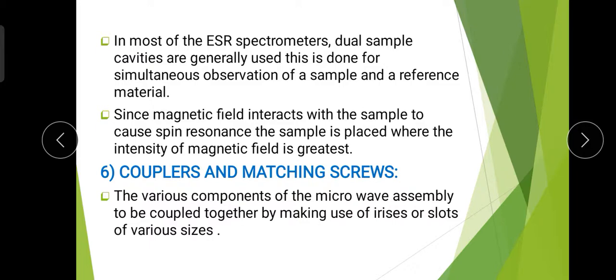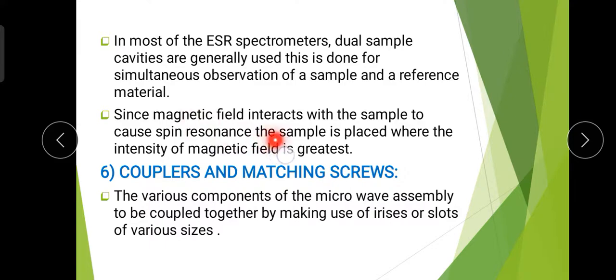Sometimes in an ESR spectrometer there are two cavities, that is, cavities which are available to place two different samples, and one of them acts as a reference and the other acts as the original sample. So in order to investigate these two materials simultaneously we can use the two cavities.